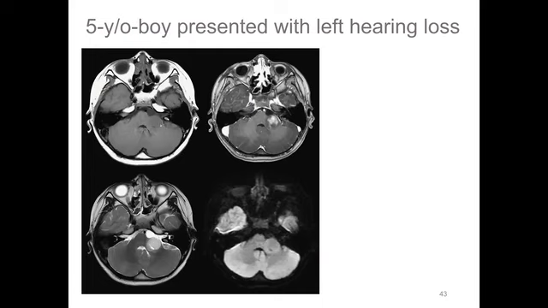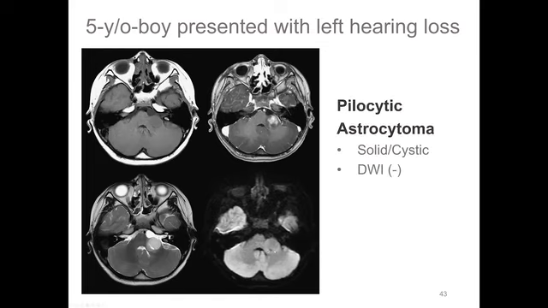For example, in this case, we see a tumor in the left middle cerebellar peduncle with a slightly expansile appearance, T1 hypointense, showing a lot of enhancement, well demarcated. But most importantly, there's no restricted diffusion. So this turned out to be a pilocytic astrocytoma. Sometimes you might see extension along the cranial nerves.